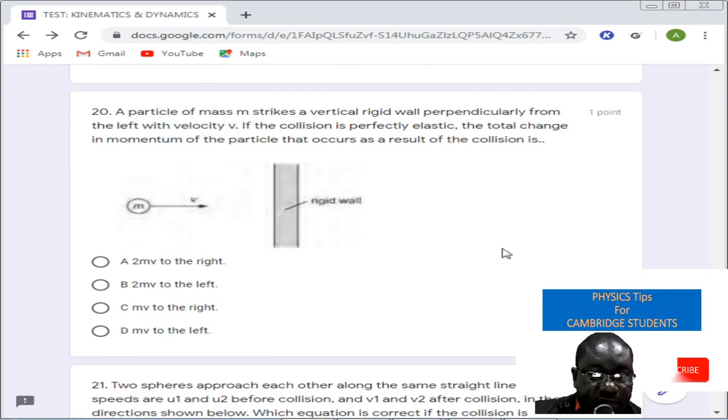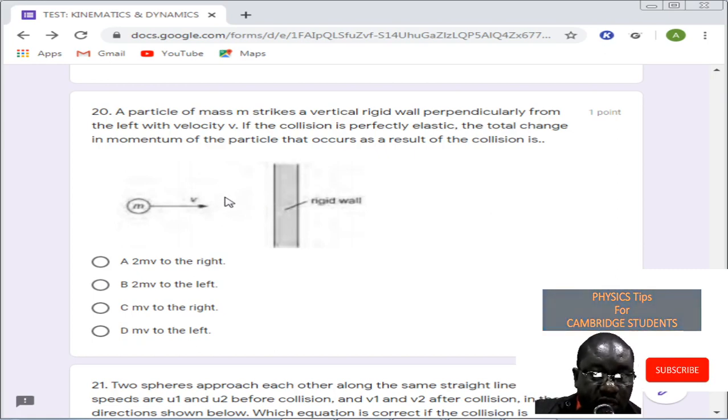Number 20. A particle of mass m strikes a vertical rigid wall perpendicularly from the left with velocity v. If the collision is perfectly elastic, the total change in momentum of the particle that occurs as a result of the collision is... Now the particle hits the wall and then bounces off. So when it bounces off, the momentum is now negative.